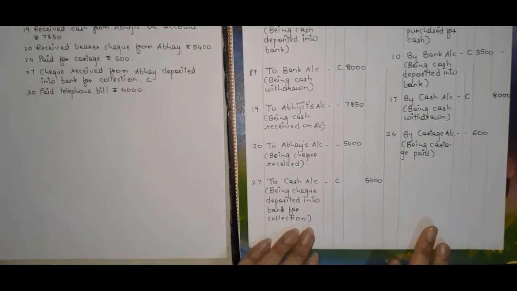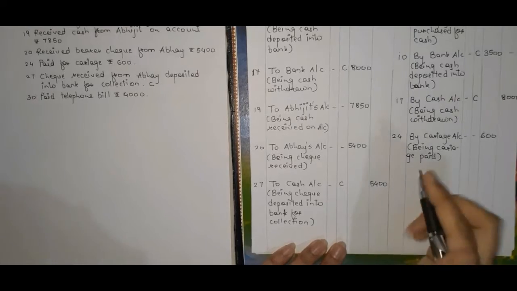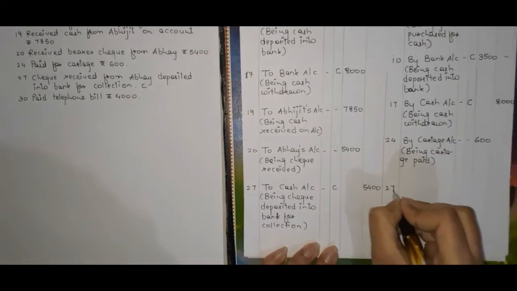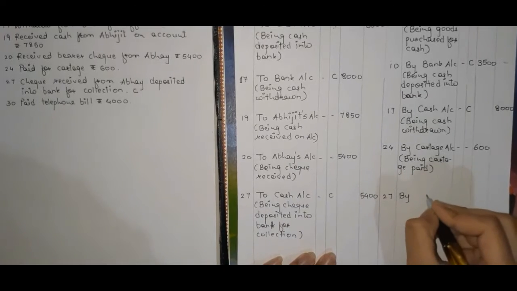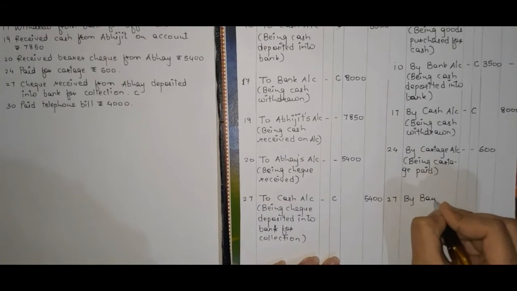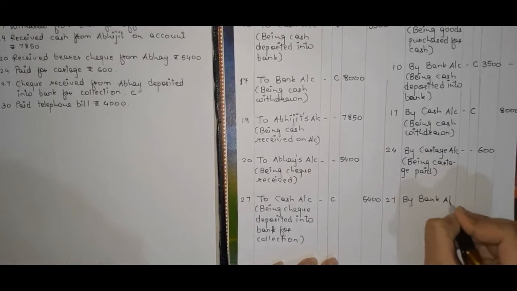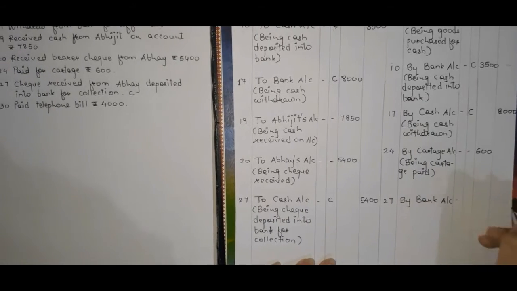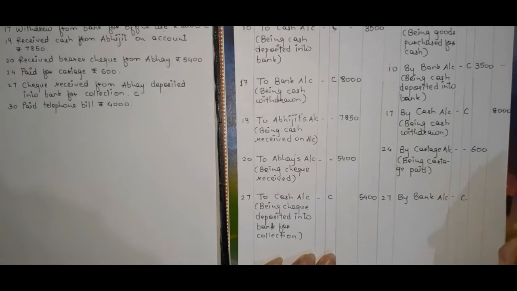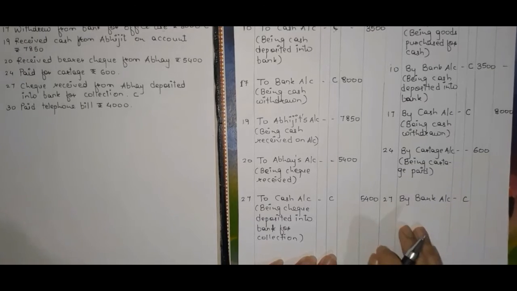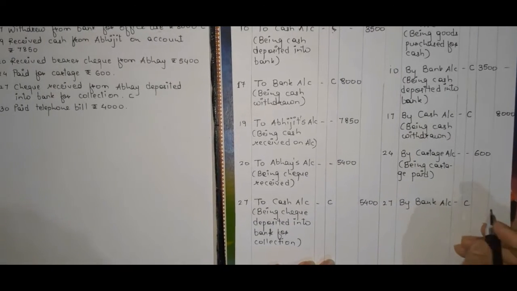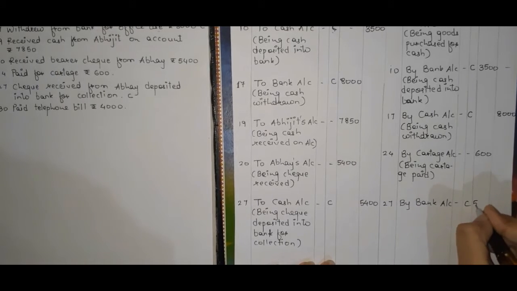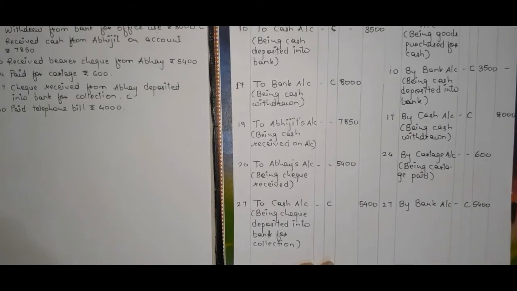Now let's move on to the payment side. Same transaction we have to record on 27th by bank account. Now bank is giving your amount, so bank account, no voucher number, this is a contra entry, so C. Now bank is giving the amount in cash, so in cash column we have to write down the amount 5,400.